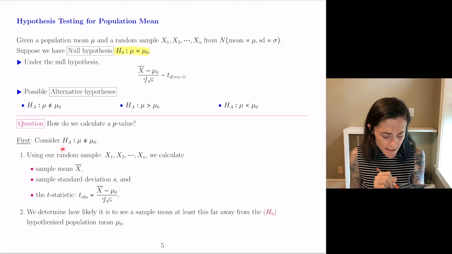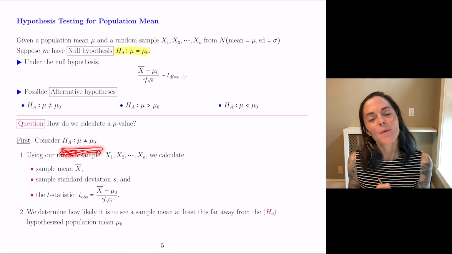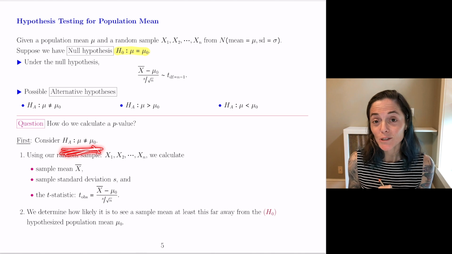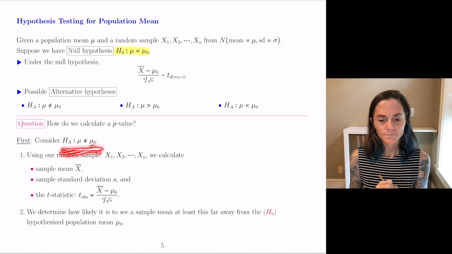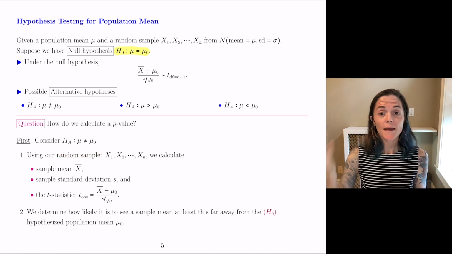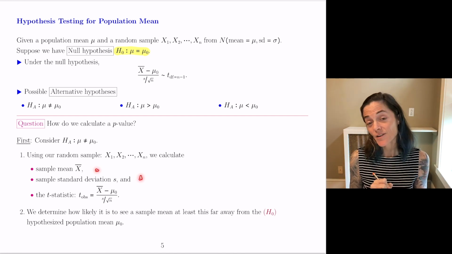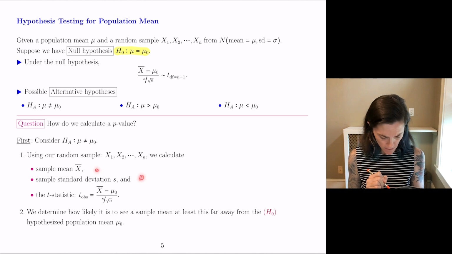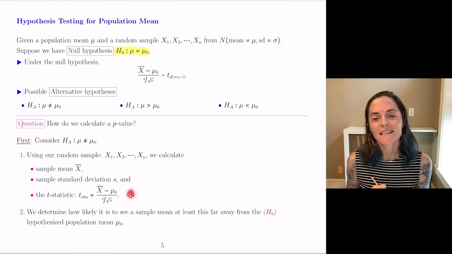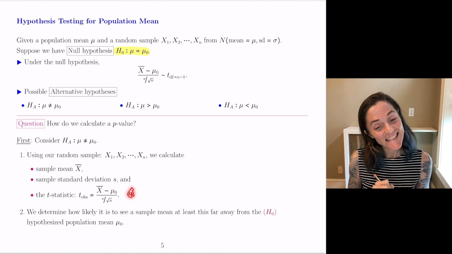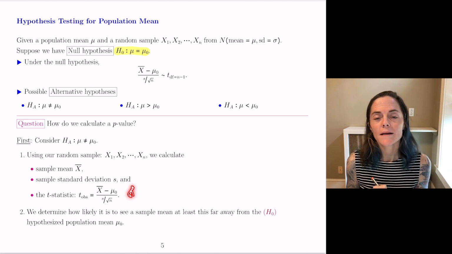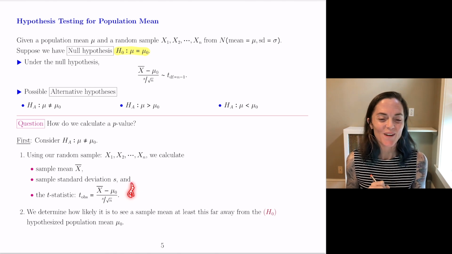Okay, first let's consider the alternative hypothesis where the mean is not equal to mu 0. We have a random sample. We can calculate the sample mean, sample standard deviation, and then this t-statistic: the sample mean minus mu 0 divided by s over the square root of n.